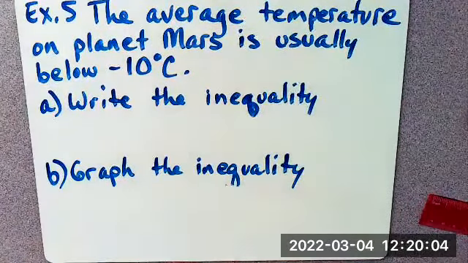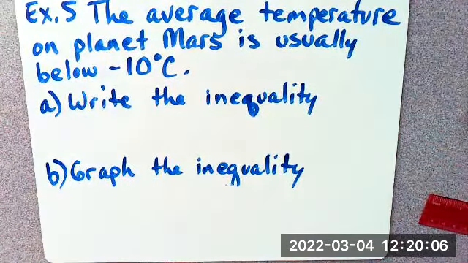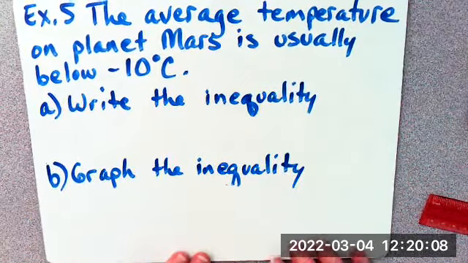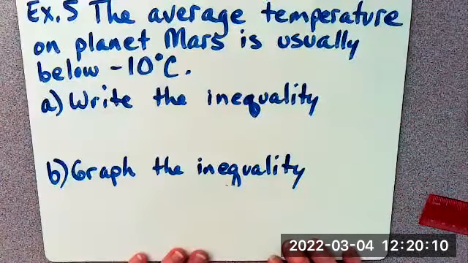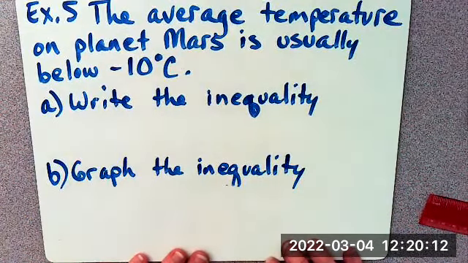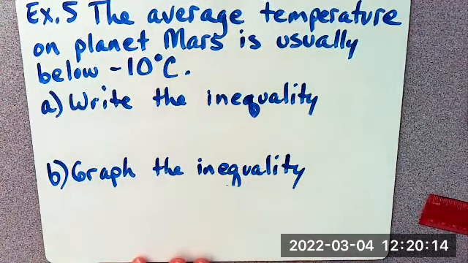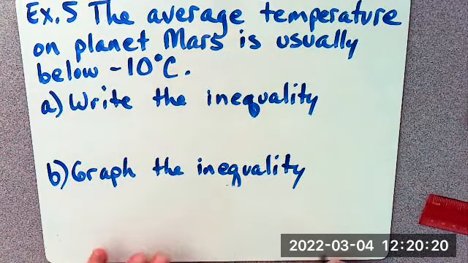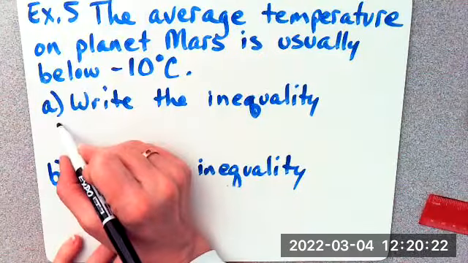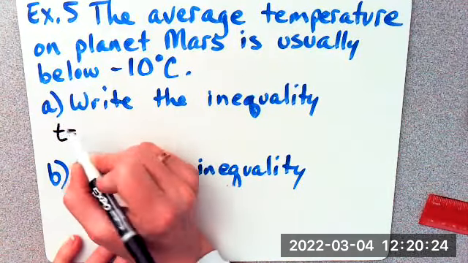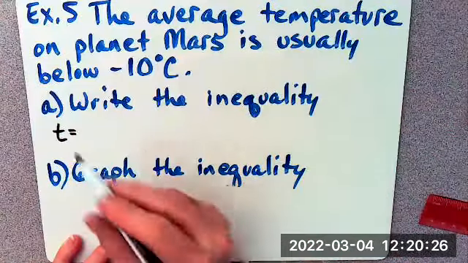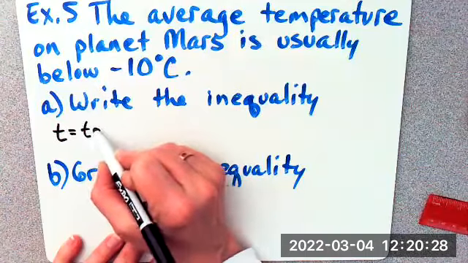All right, let's talk about Mars. The average temperature on the planet Mars is usually below -10 degrees Celsius. That is very cold. So let's write an inequality. First we have to say what our variable is going to mean, so we should use a T since we're talking about temperature.